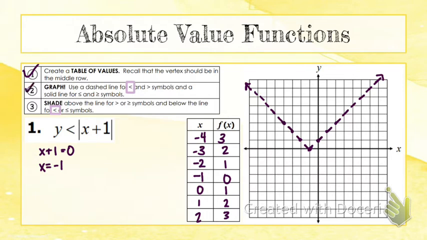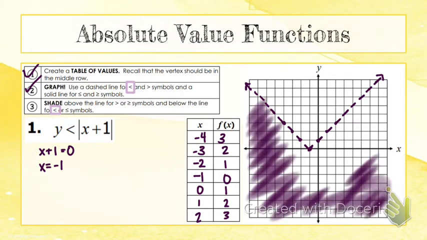We've graphed it and we used our dashed line, but then we need to shade above or below the line to show what values work for this. So the less than symbol says we should shade below the line. So we are just going to shade all of this in.